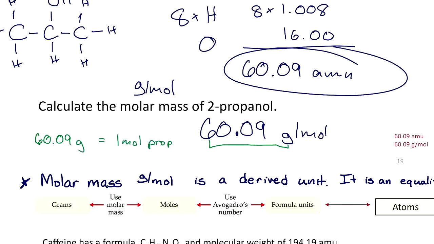If I have 1 mole of 2-propanol, it's going to weigh 60 grams, right? And that's very useful to us as an equality, because I can use it as a conversion factor where I can put the 60 grams on the bottom or the top, depending on how I am converting my units. You don't have to memorize whether to multiply or divide by molar mass, just cancel those units out. It's a derived unit, just like in chapter 1, okay?